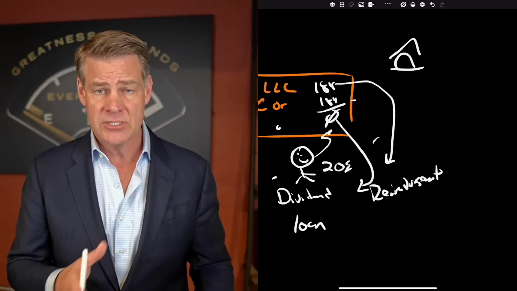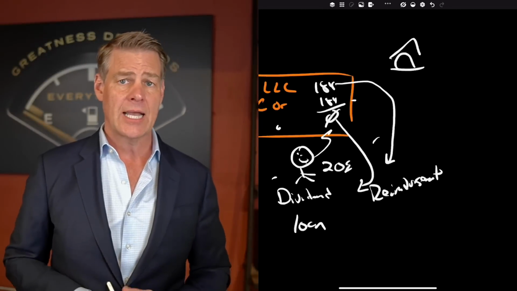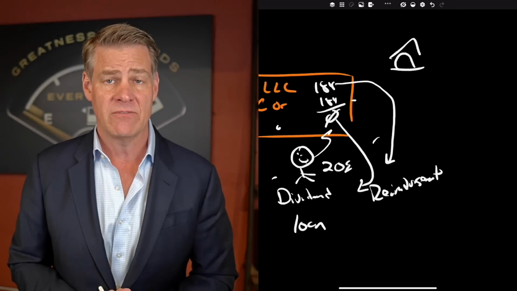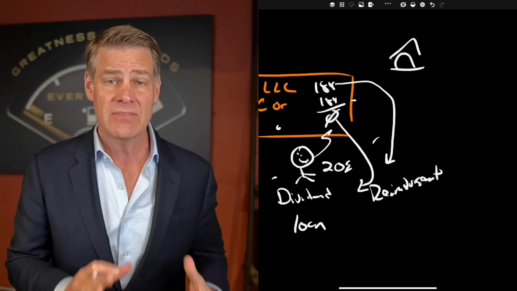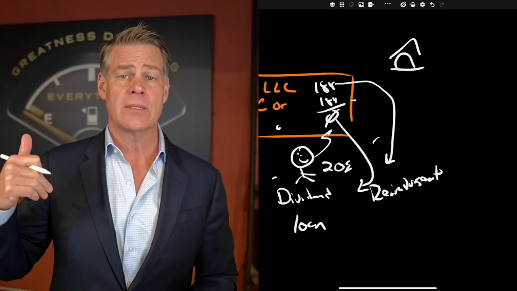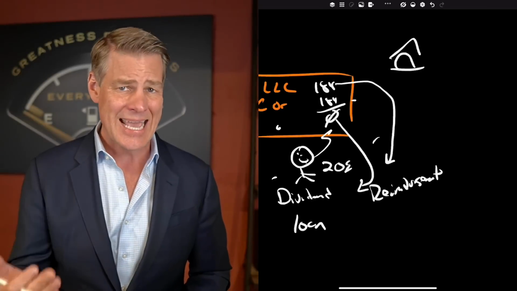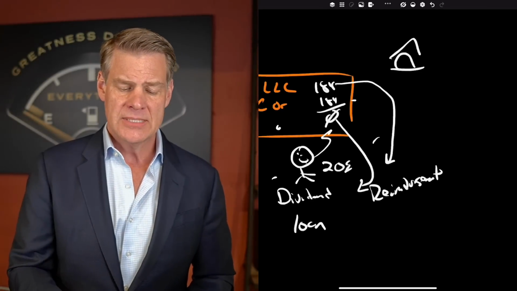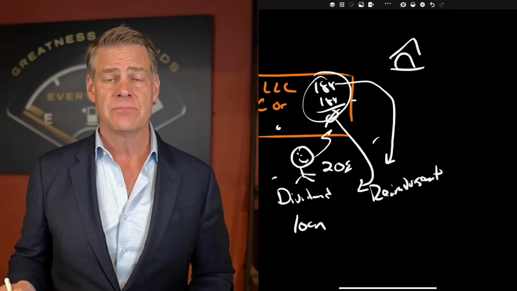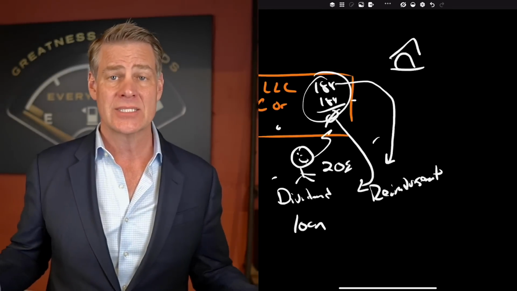Meaning, when we're working with an investor that has set up some entities with us and we're discussing, do we take a reimbursement, do we take a salary? One of the questions I'm going to ask you is, are you going to look to qualify for conventional financing outside of the active side of your business? Meaning, are you trying to buy a personal residence? Are you trying to build a rental real estate portfolio? If the answer is yes, then taking a reimbursement does not help you per se with your investing because that reimbursement is not considered income.